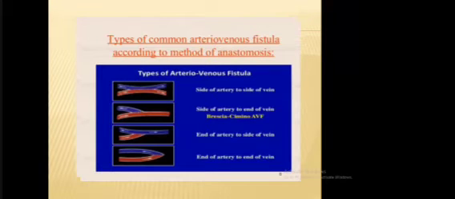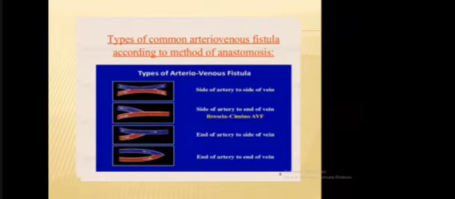There are types of surgical anastomosis. There are 4 different types of creating the arteriovenous fistula. One type is the side of the artery anastomosed to the side of the vein. Another technique is the side of the artery connecting to the end of the vein.